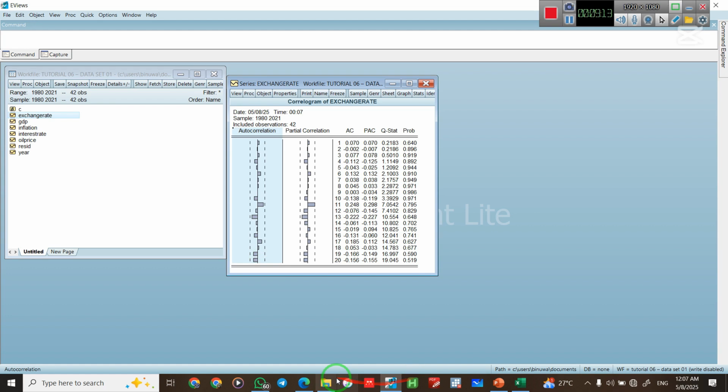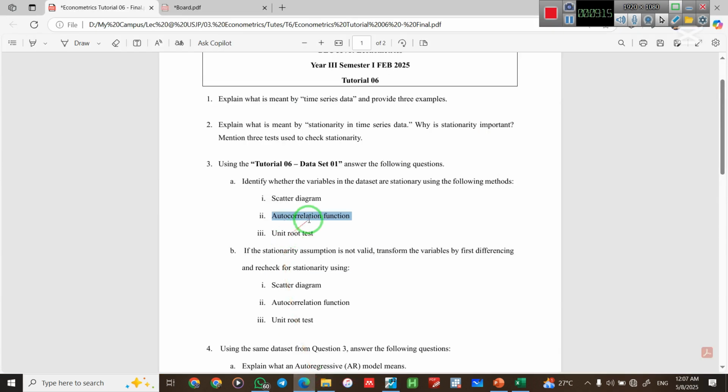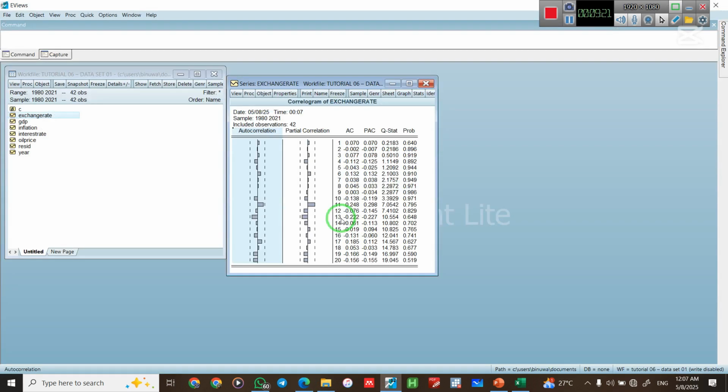Since our second method is using the autocorrelation function, we are going to identify whether the variable is stationary or not, right? The variable we are using is the exchange rate, and now we have the autocorrelation function for it.